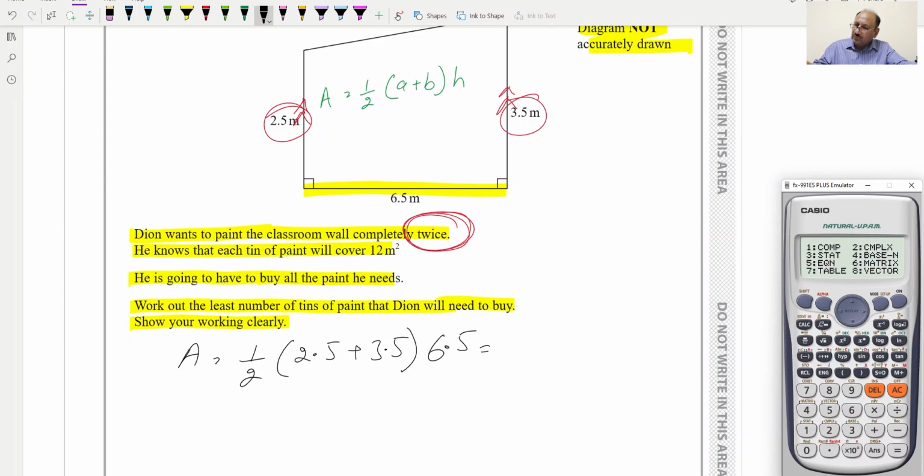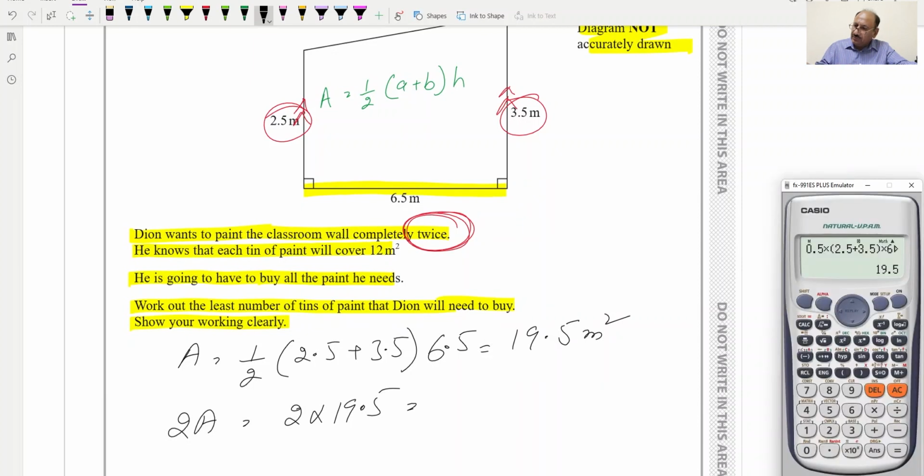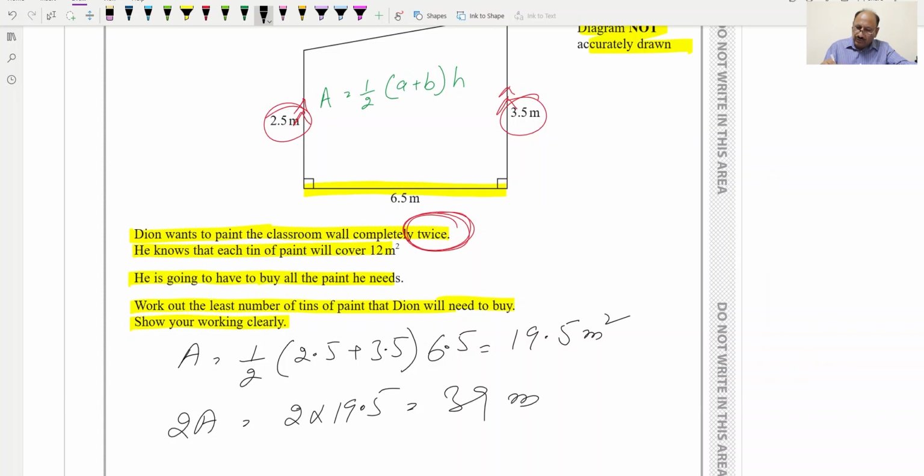So 2.5 plus 3.5 in this bracket, and then multiply by 6.5, and this is equal to 19.5. So area is 19.5 meters squared. Now 2 times area will be 2 times 19.5, which is equal to 39 meters squared.